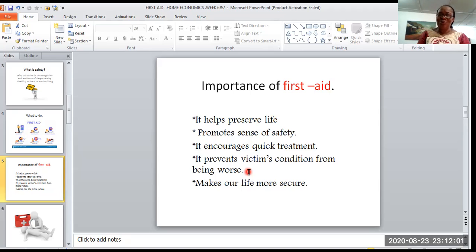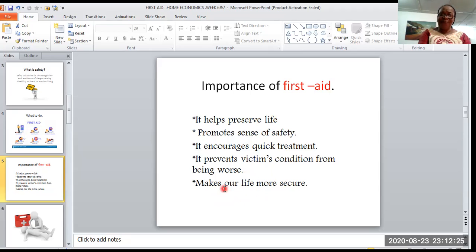Sometimes they use onions. Cut onions into pieces and let the victim smell it, or rub it on his nose. Of course, it may help, but that victim will need to see a doctor.